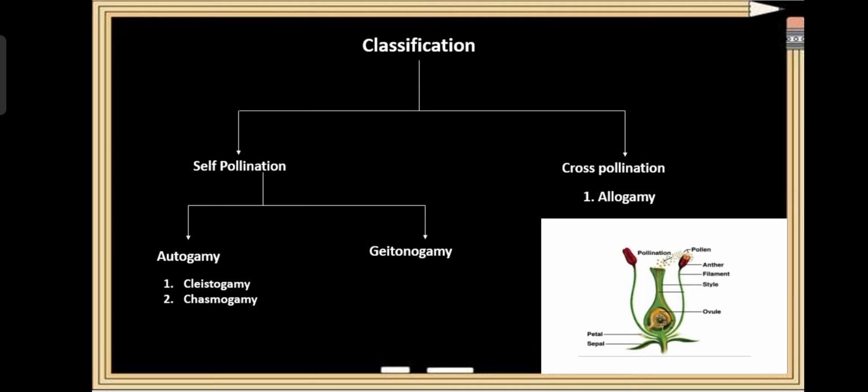Cross pollination is pollination between different plants of the same species that leads to genetic recombination. Self pollination is again classified into autogamy and geitonogamy. Autogamy is pollination within the same flower. Geitonogamy is pollination between different flowers on the same plant.